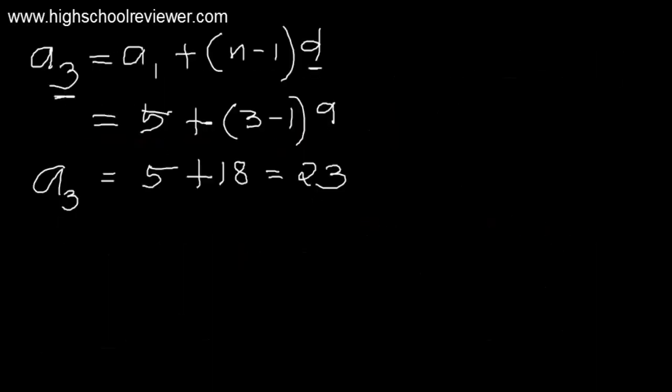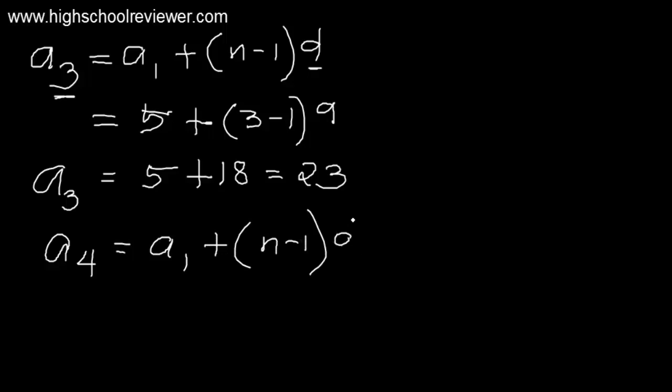We are now going to find the fourth term. The formula for the fourth term, or A sub 4, is equal to A sub 1 plus n minus 1 multiplied by D. Our A sub 1 again is positive 5 plus our n here.